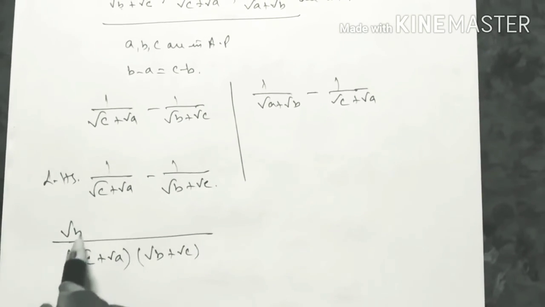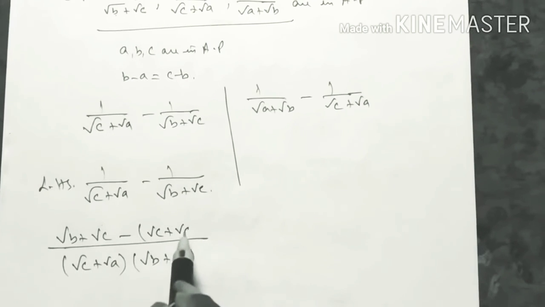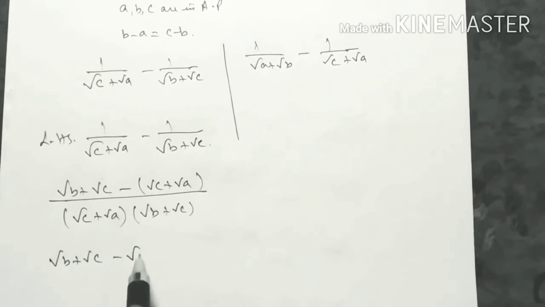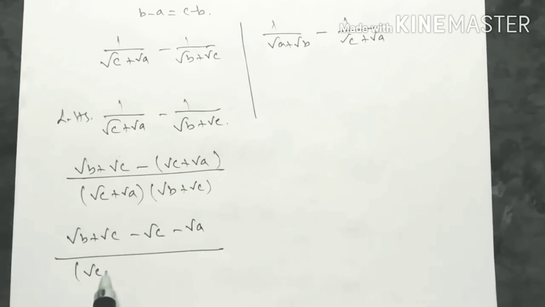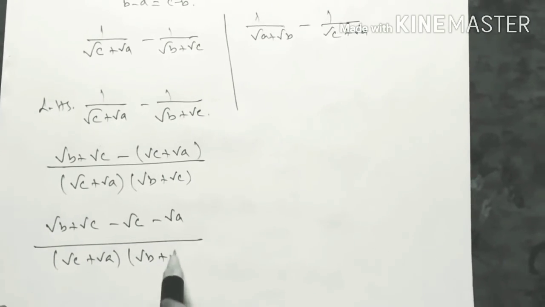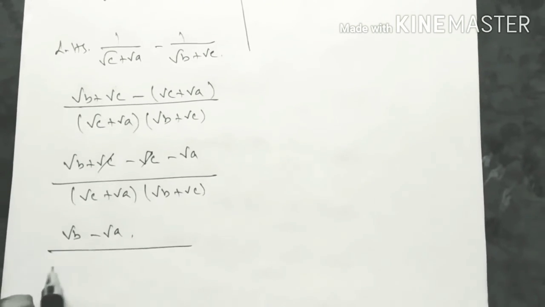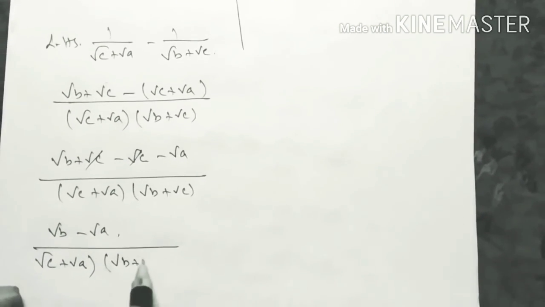So root B plus root C minus root C minus root A, by (root C plus root A)(root B plus root C). This cancels out, and root B minus root A by (root C plus root A)(root B plus root C).